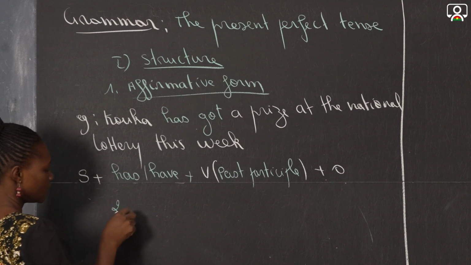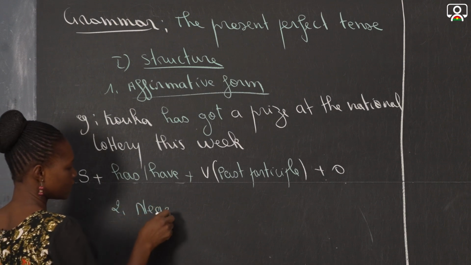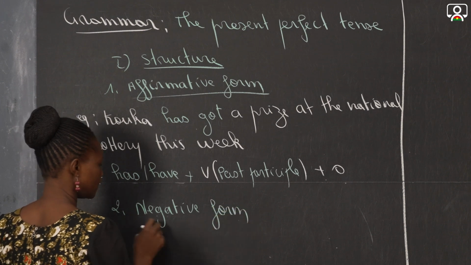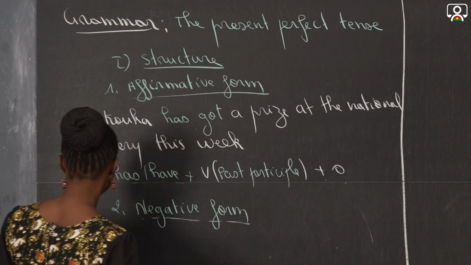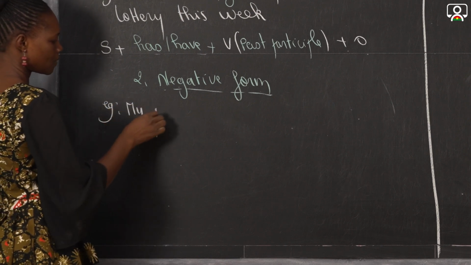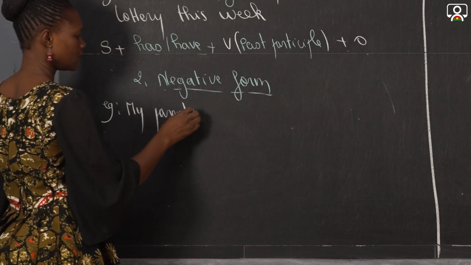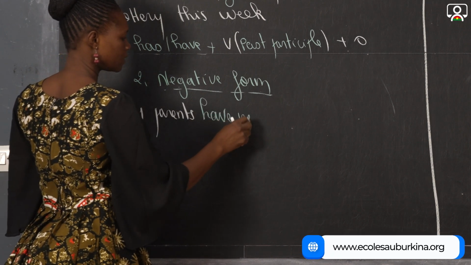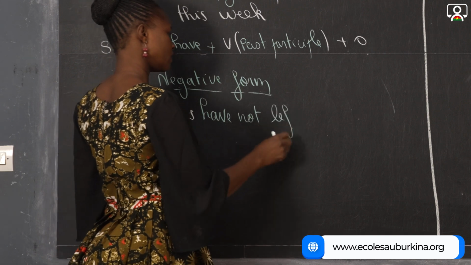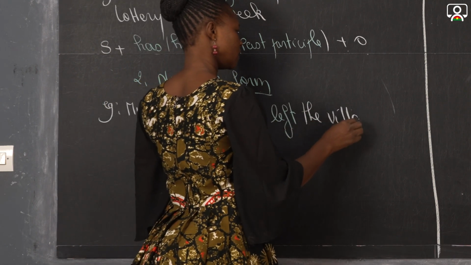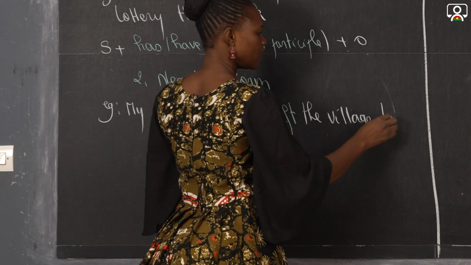Number two, we have the negative form. An example: my parents have not left the village today.